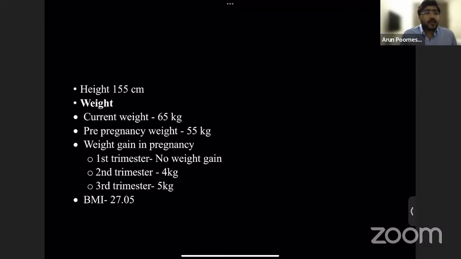So what you can do is make her sit in left lateral if she's more comfortable, or prop up the bed, because she'll be unable to lie supine for a longer time, because she has to be like that for CTG. Even CTGs can be taken in the left lateral position to make her comfortable, because she shouldn't have the compression.